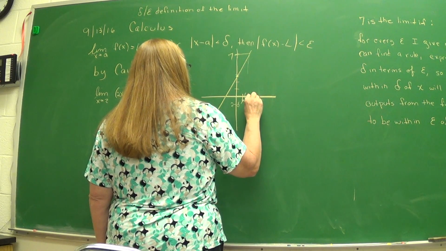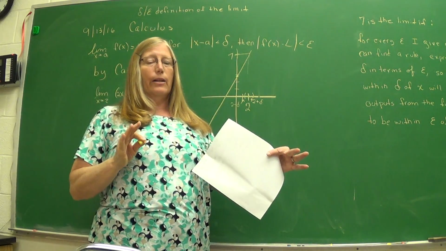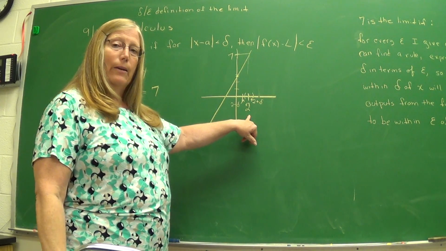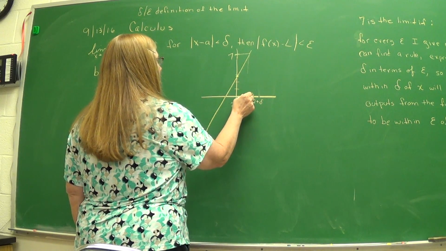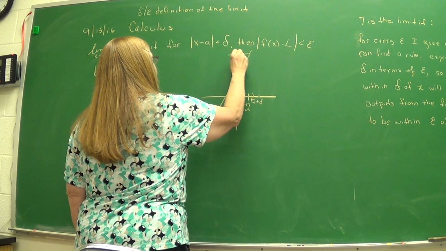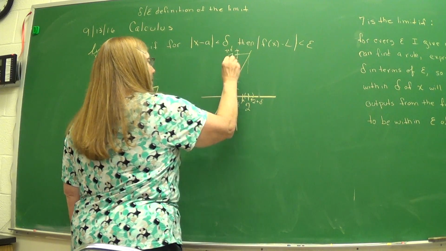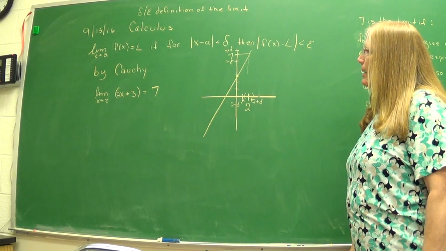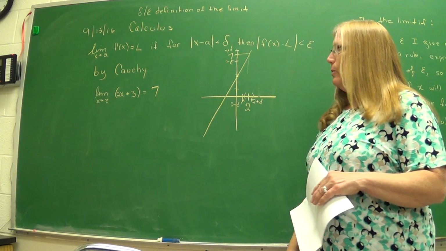So we are establishing an interval around 2 where we go out delta in one direction and out delta the other, with 2 right in the middle. And if we choose those x values wisely, it will always get us in the target area between 7 plus epsilon and 7 minus epsilon, no matter how small epsilon is. So that is the kind of terms that we've been passing around to one another.